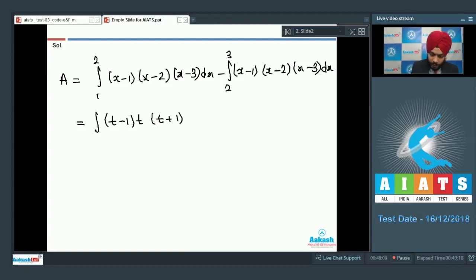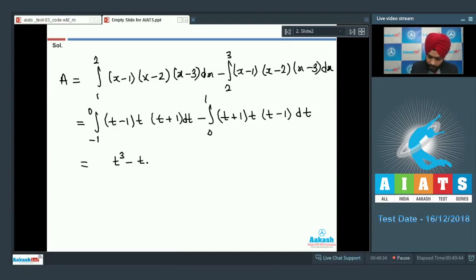The other way around, this will be minus 1 to 0, and this will be minus times 0 to 1 (t plus 1)(t minus 1) dt. That is, t cube minus t square minus t, integral minus 1 to 0, and 0 to 1 again t cube minus t dt.